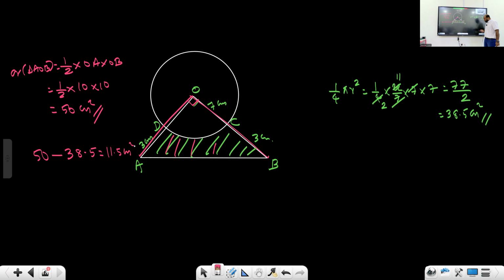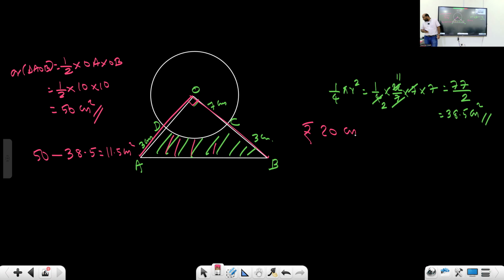For cost of silver plating at the rate of rupees 20 per centimeter. But is it rupees 20 per centimeter square or centimeter?